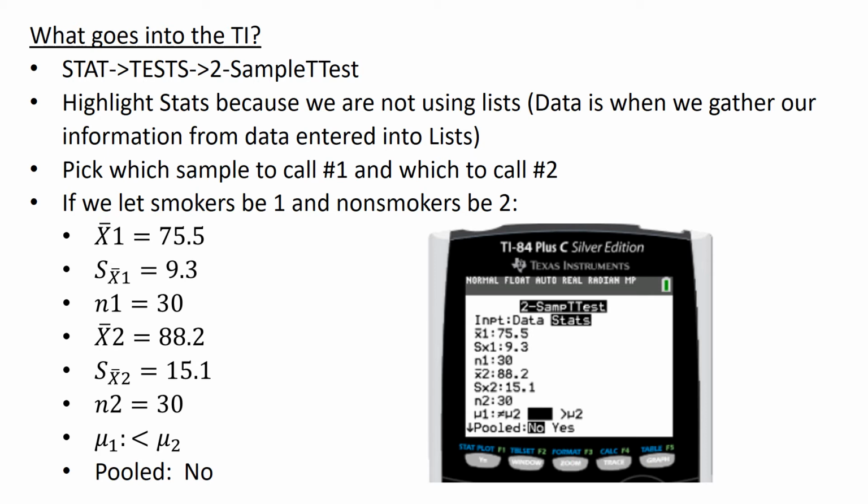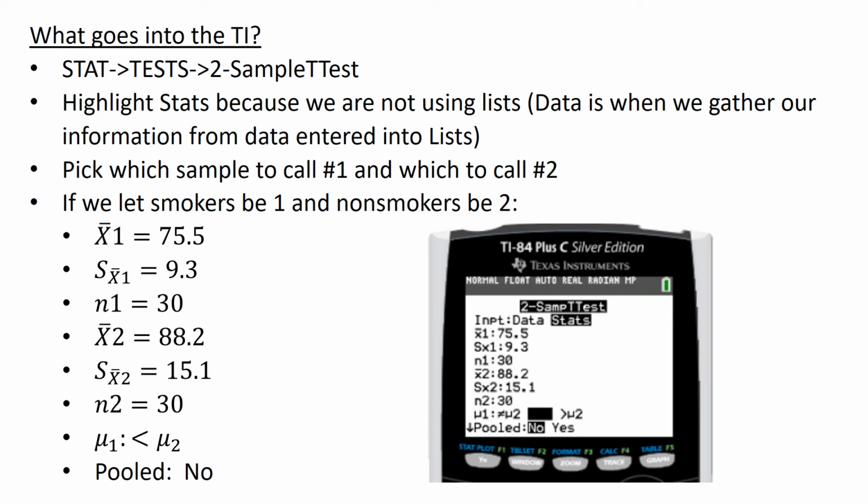And then we go down and we fill in what it tells us to. So our samples were given as smokers and non-smokers. So we need to call one of those number 1 and one of those number 2. And it really doesn't matter. Just make sure you pick it and you stick with it. So let's let the smokers be 1 because, hey, they came first in the list. Why not?